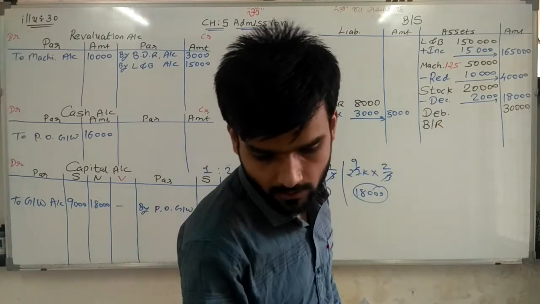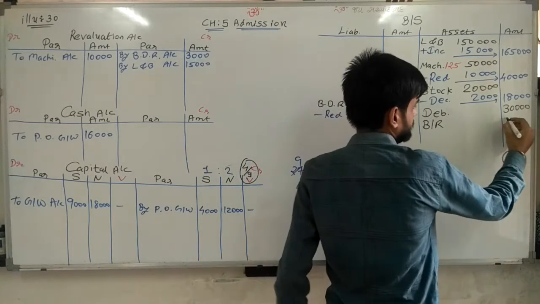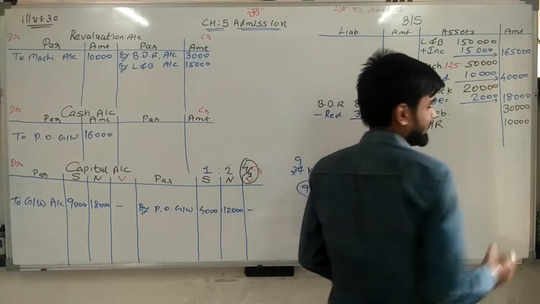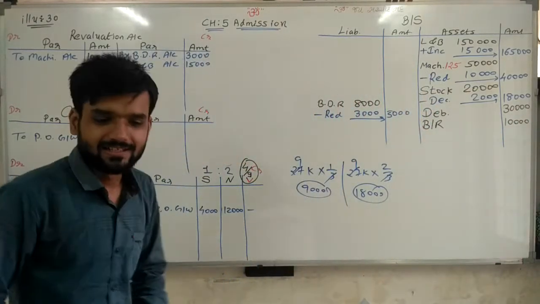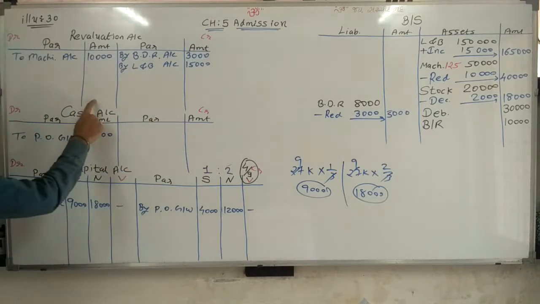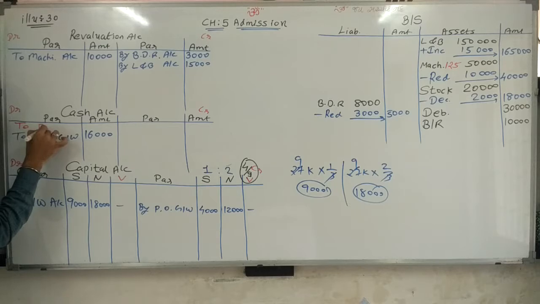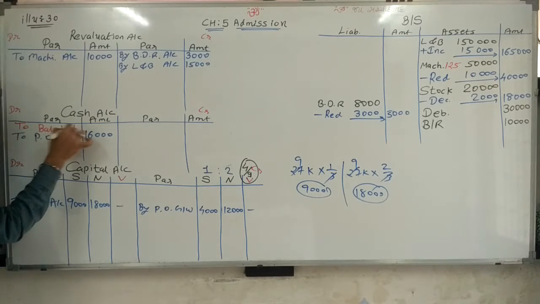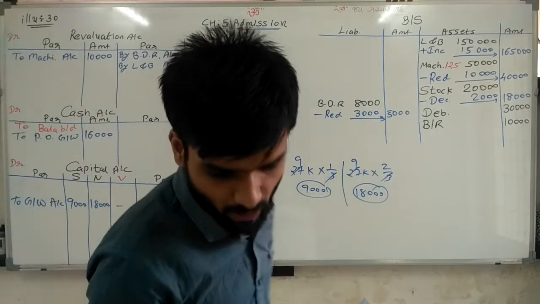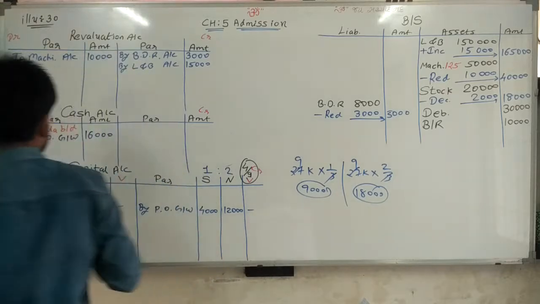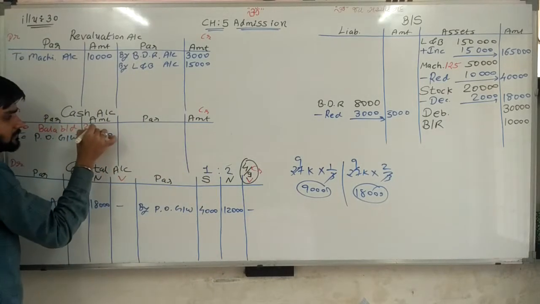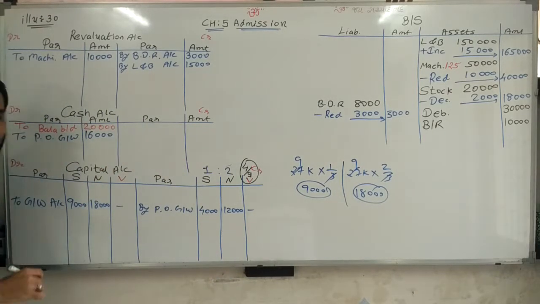So bills receivable 10,000. Now cash is given. Sir, cash means bank balance. Now bank balance amount is 20,000. Simple.